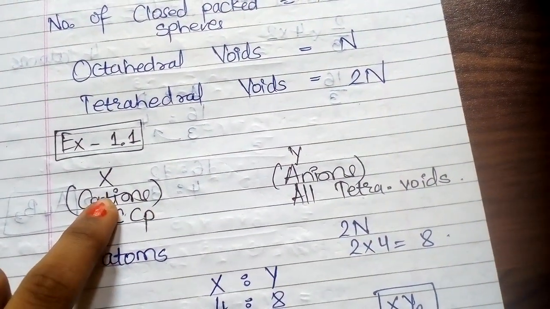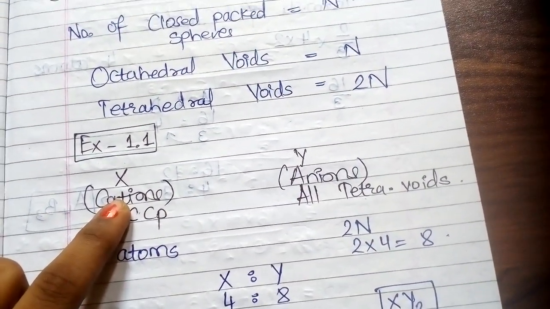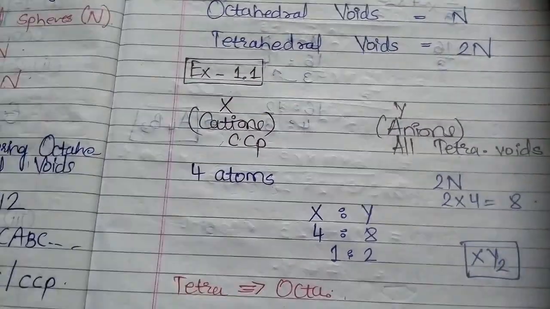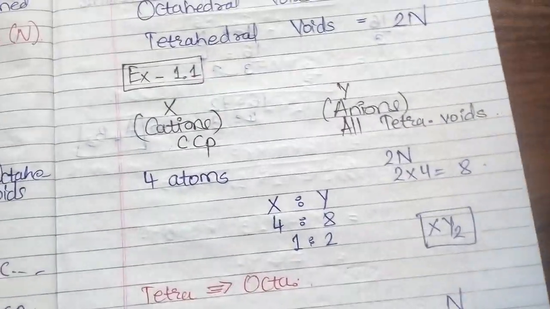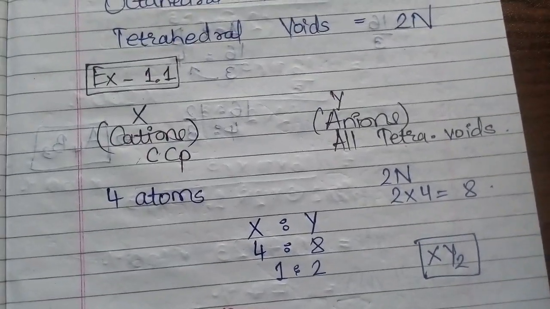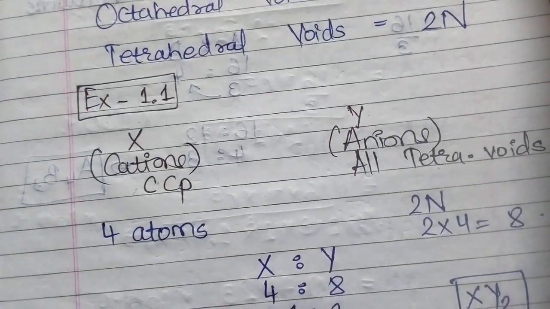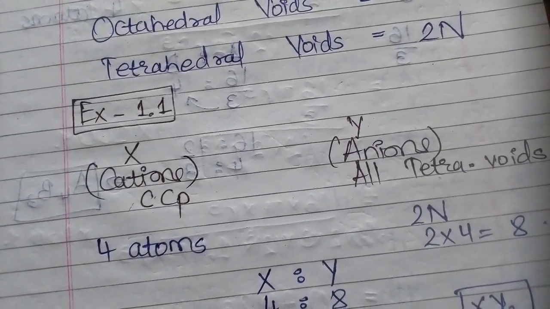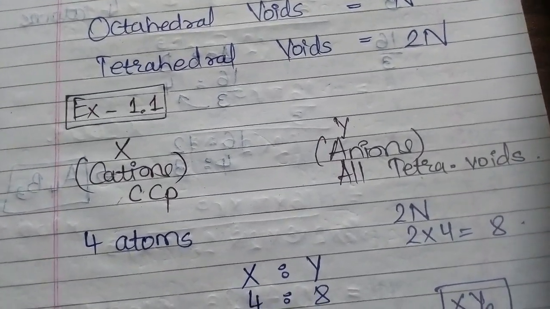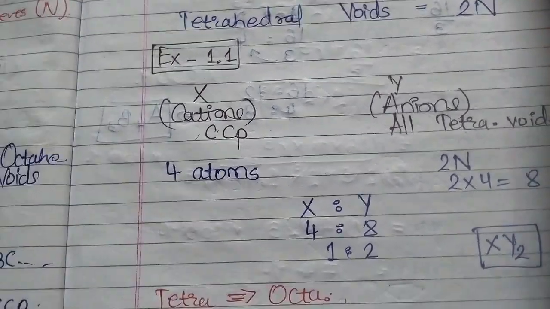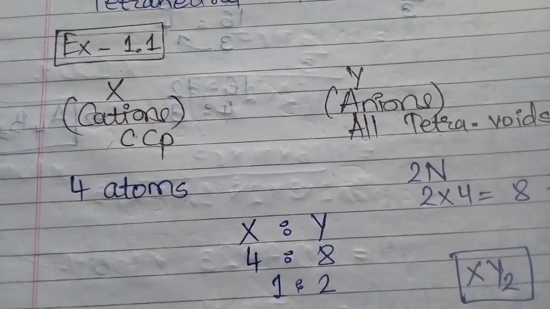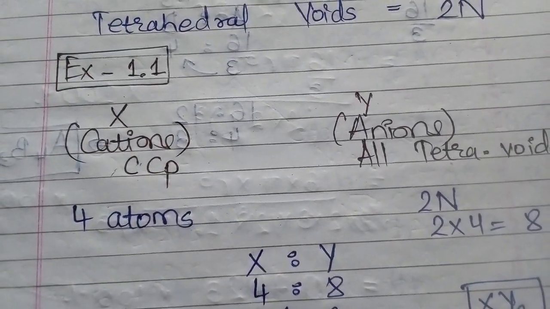First we are going to see X. For X, you can see it has CCP. For CCP, as we have discussed earlier, cubic close packing, that is hexagonal close packing, or FCC, that is face centered cubic packing, the number of atoms present is 4.